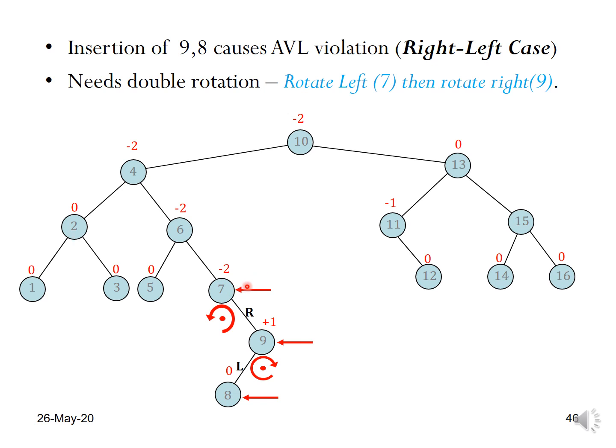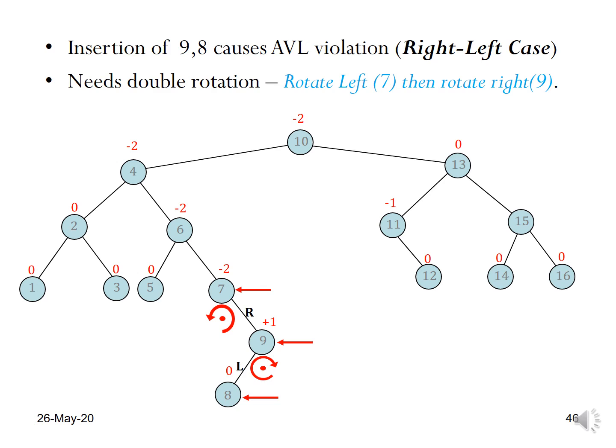We will consider only three nodes, 7, 9 and 8. So this is a right left case. Now we will perform the double rotation because this is a right left case. We will first rotate this 7 to the left and then rotate 9 to the right. In this way we can perform the double rotation.